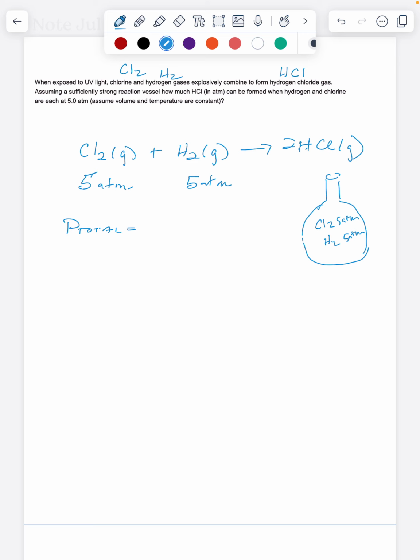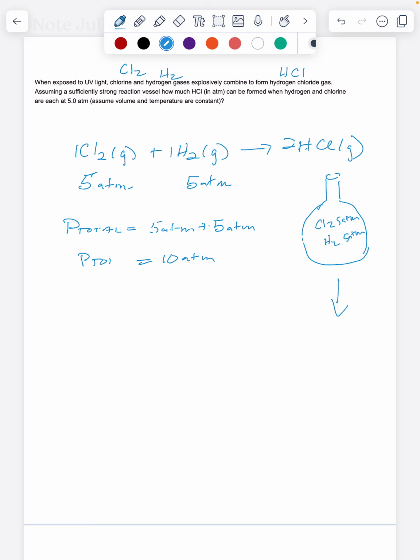And notice that the stoichiometric coefficients are 1 each. So those 5 atmospheres add up to a total of 10 atmospheres in the reaction vessel. And let's just assume that these 5 atmospheres each come from 1 mole of gas. And so there's 2 moles of gas total in the reaction vessel.